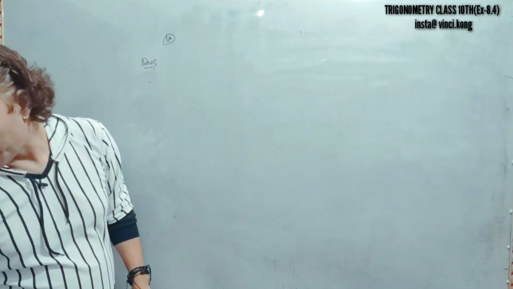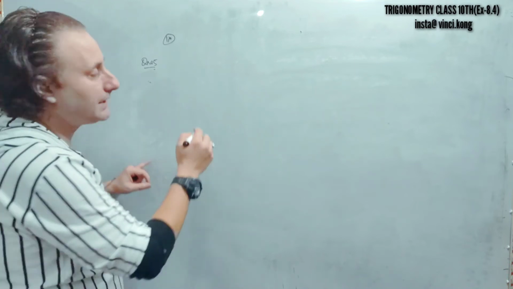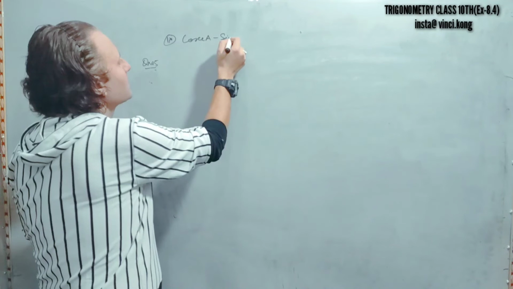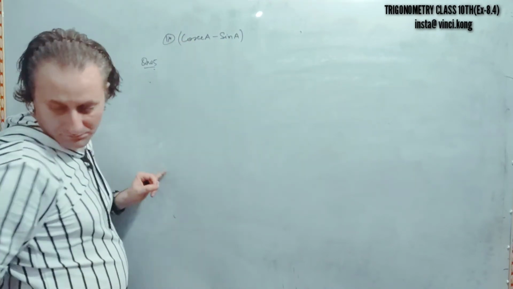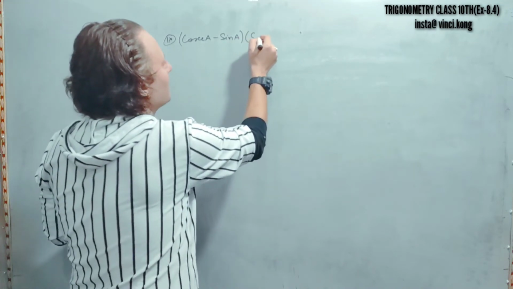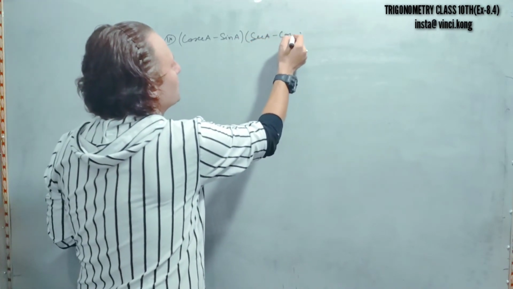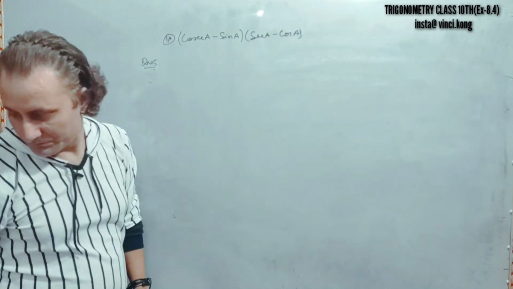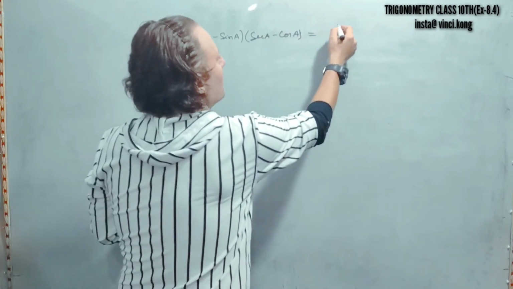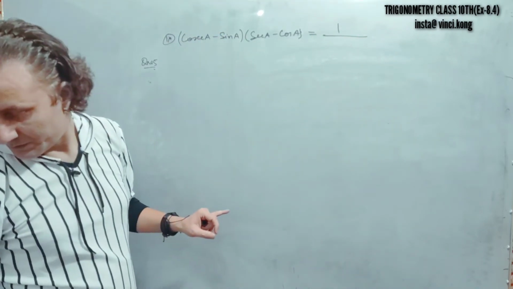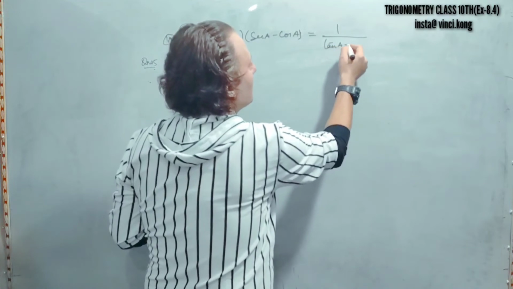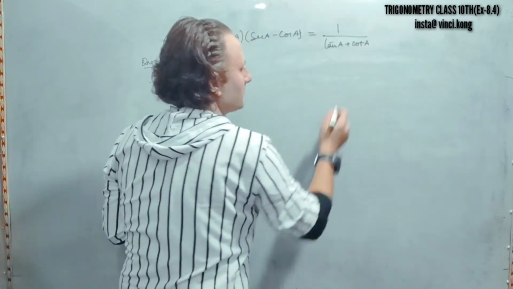It says (cosec A minus sin A) into (sec A minus cos A) is equal to 1 upon (tan A plus cot A).